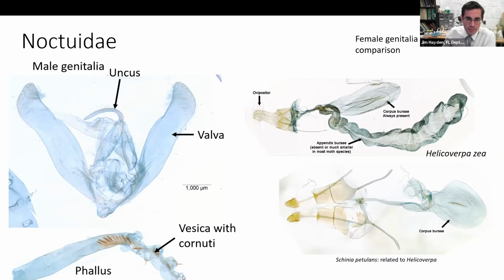The vesica is this sac inside that pops out under pressure. It can be removed, but it's very difficult to remove in Helicoverpa because it's so long and covered with spines called cornuti, kind of jammed up inside, but it's partly everted in this dissection.